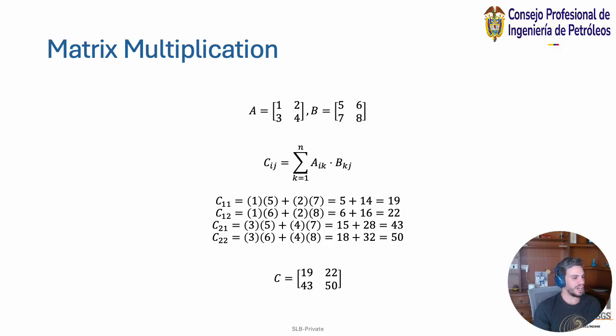And finally, in the last element of our C matrix, C22 is 18 plus 32, which equals 50, giving us an output matrix of 19, 22, 43, and 50, right?